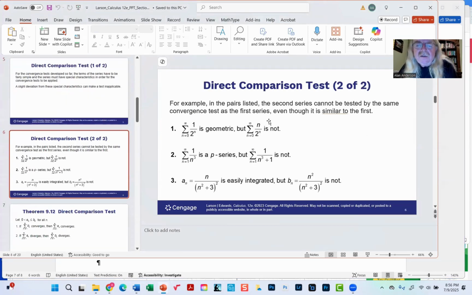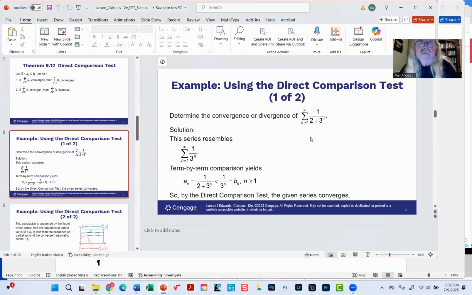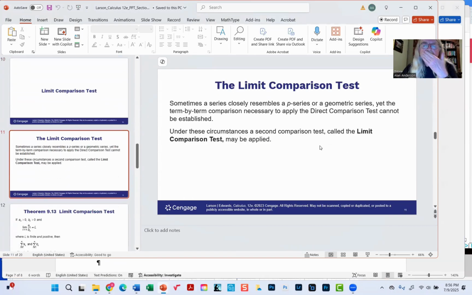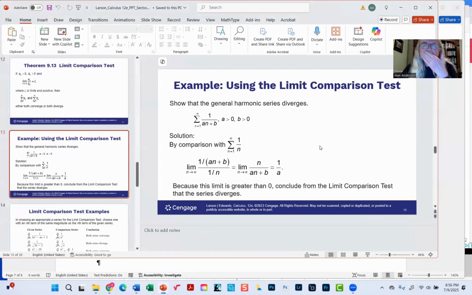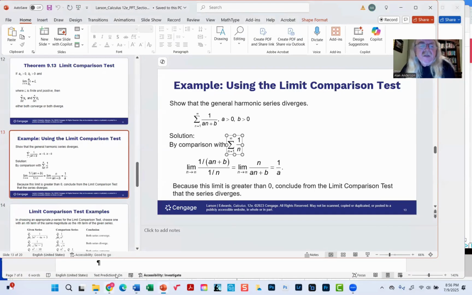So here in their example, here's your general expression, assuming that A and B are both strictly positive, and we're going to compare these two, which we know is a harmonic series from 9.3.